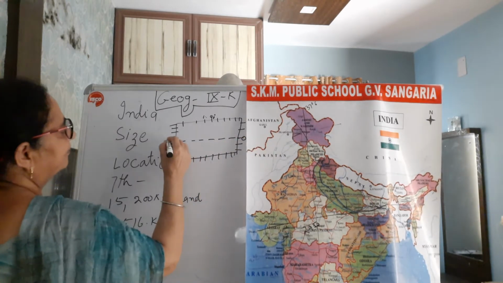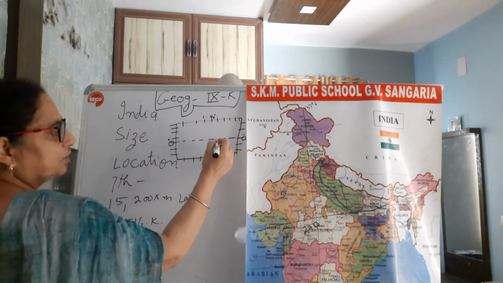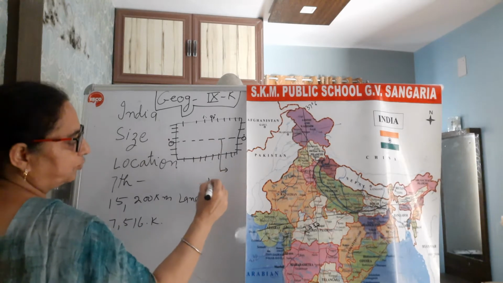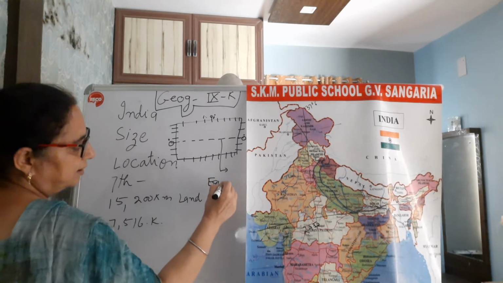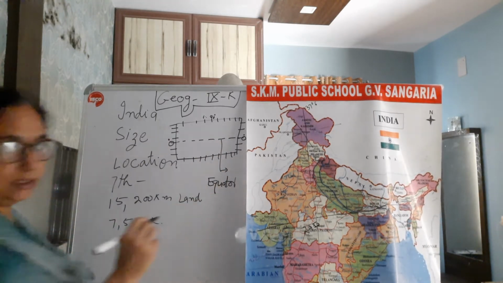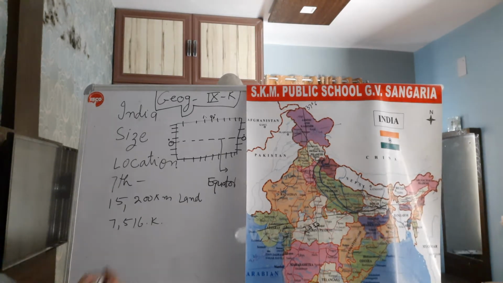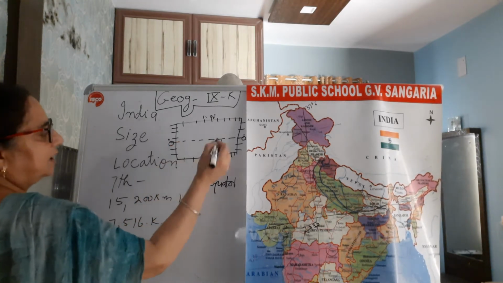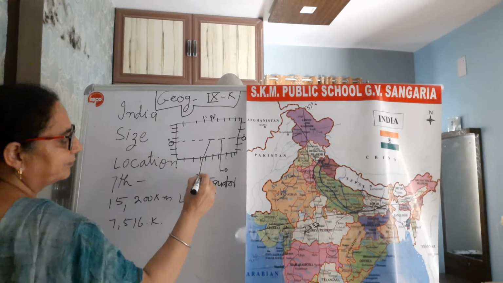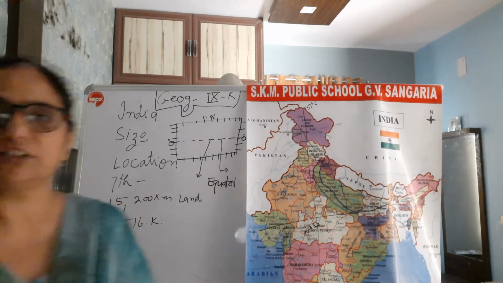0 degree is called the equator. 0 degree equator, and it is called the largest latitude.